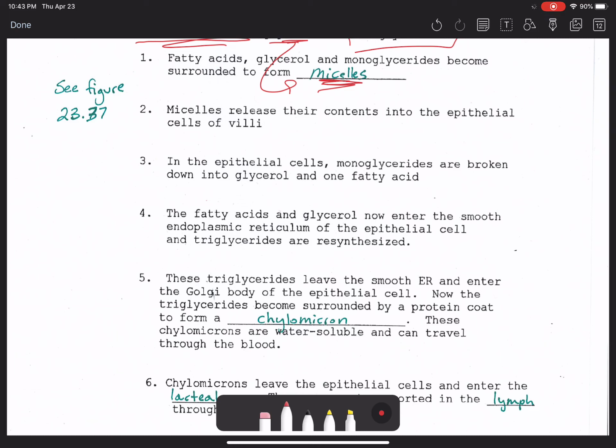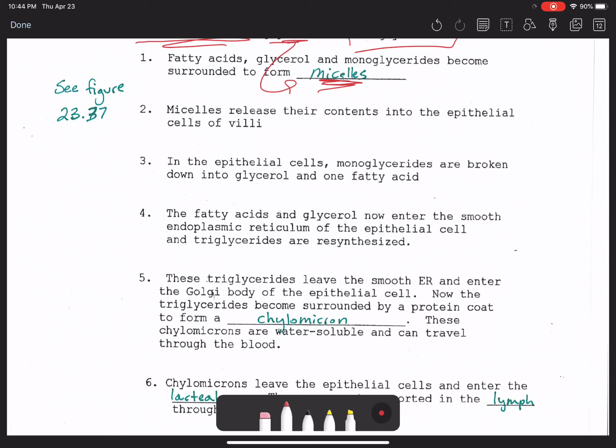Then what happens is you have to have reprocessing of these large fatty acids and monoglycerides and glycerol. So we take those molecules, we break them down as much as we possibly can, and then we rebuild the small triglycerides that our body can handle better.